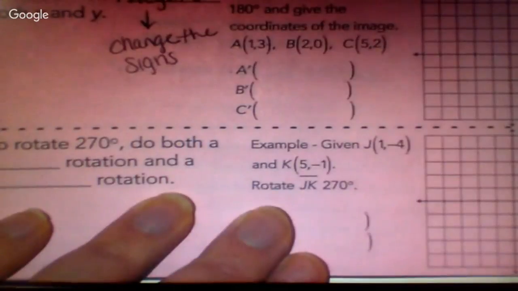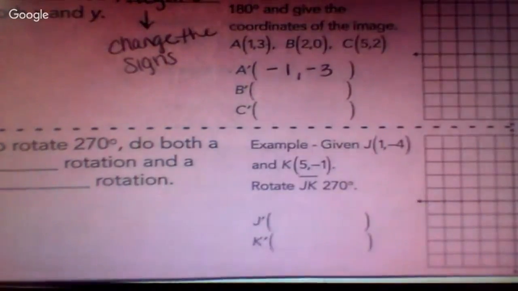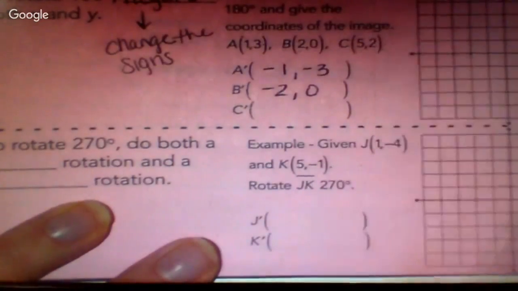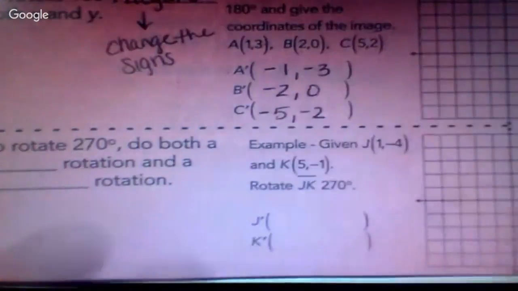So 1, 3 becomes -1, -3. Every number changes signs when you're doing 180 degrees. So 2, 0 becomes -2, and 0 stays. Remember, 0 is neither negative nor positive. 5, 2 becomes -5, -2.